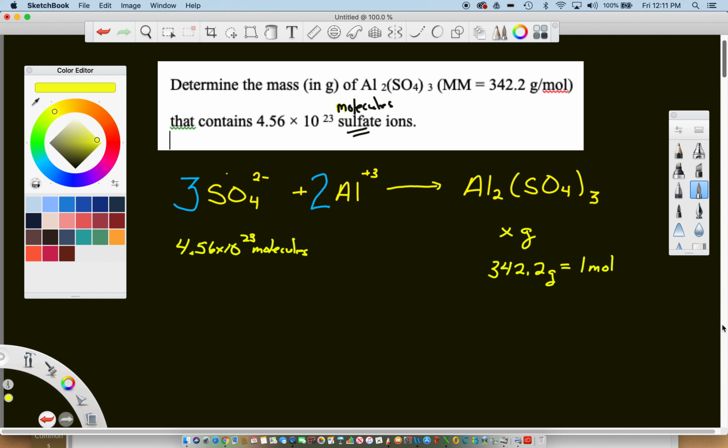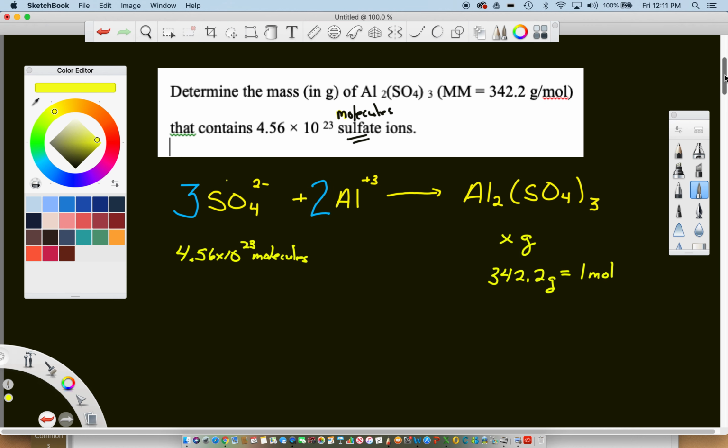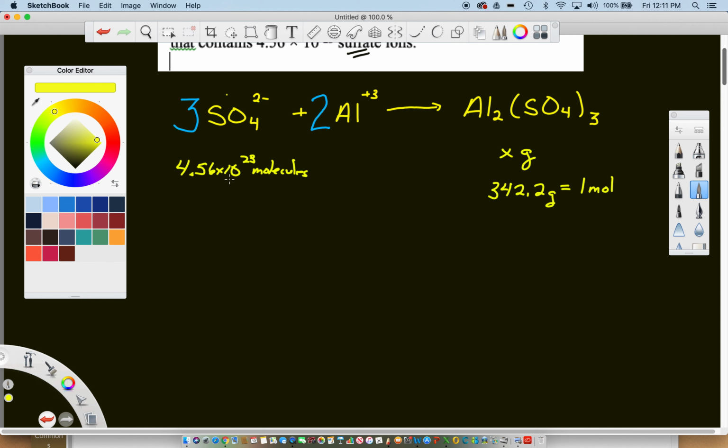So we want to somehow get from this side to over here. And the way to do that is in moles or molecules. So I'm going to actually work this 2 different ways. 4.56 times 10 to the 23rd molecules of SO4.